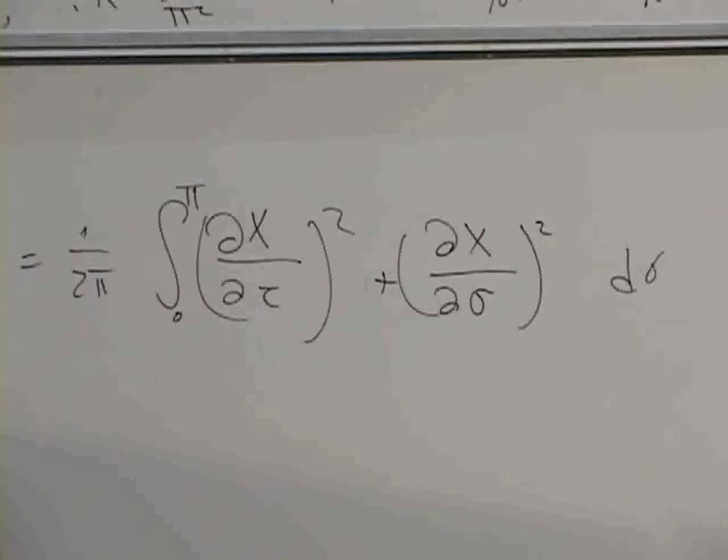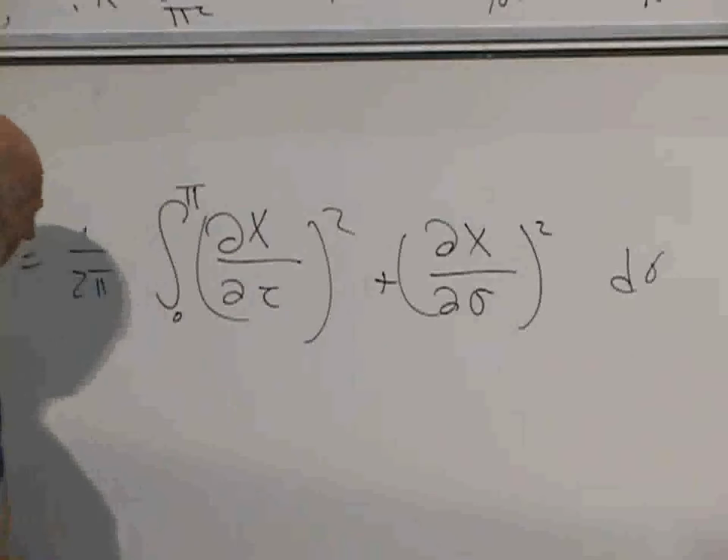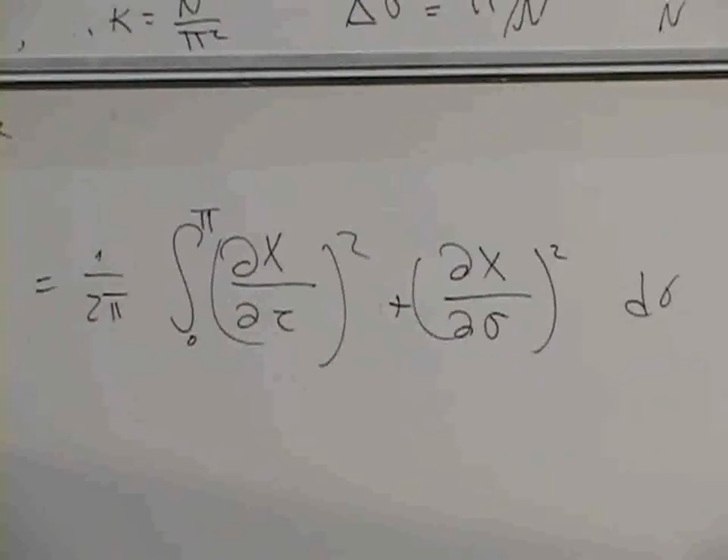In other words, if I thought of sigma as a line in space and x as a field, this would be the energy of a simple wave field, and it would satisfy a wave equation.